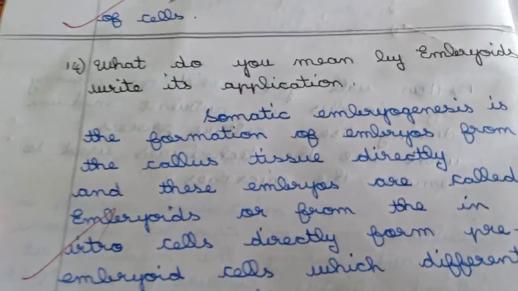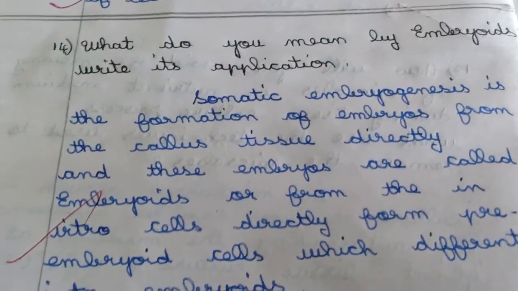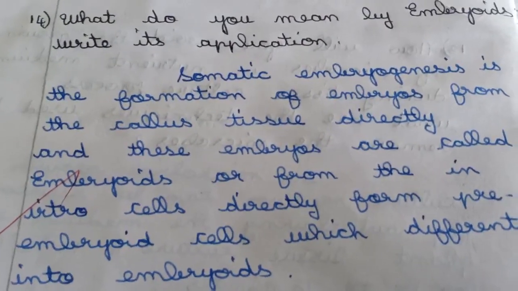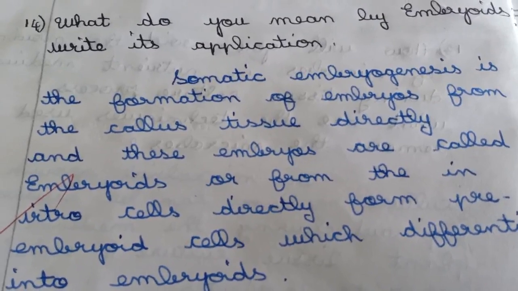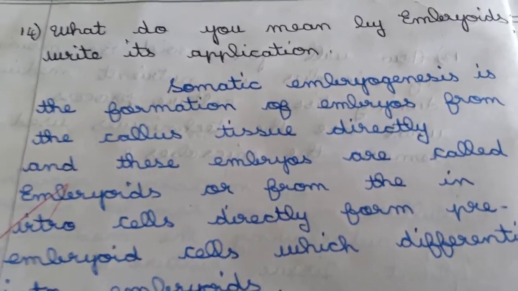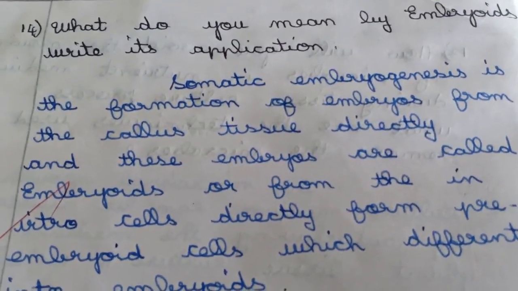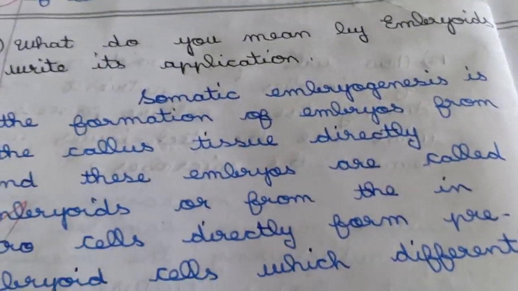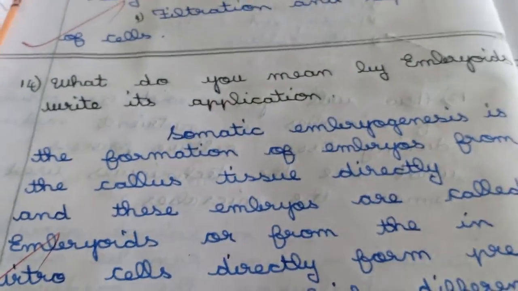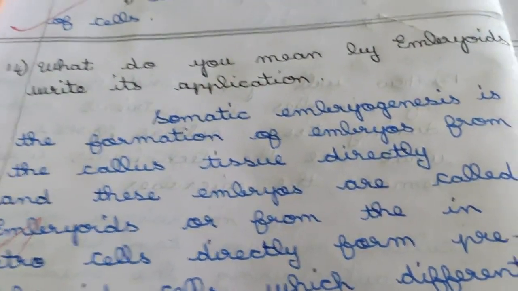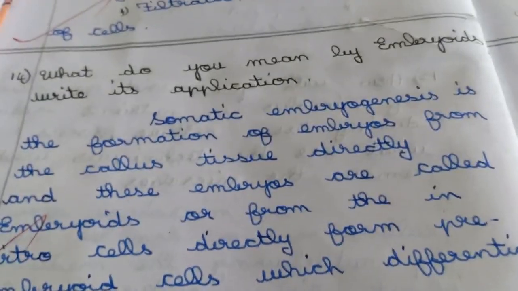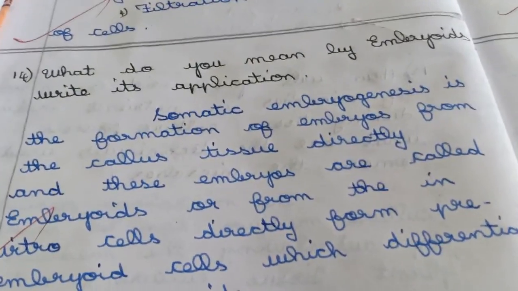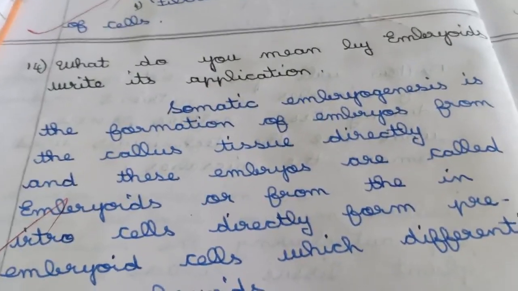14th question. What do you mean by embryoids? Write its application. Very important question. Here the embryoid formation is also known as somatic embryogenesis. It is the formation of embryo from the callus tissue directly, and these embryos are called embryoids.